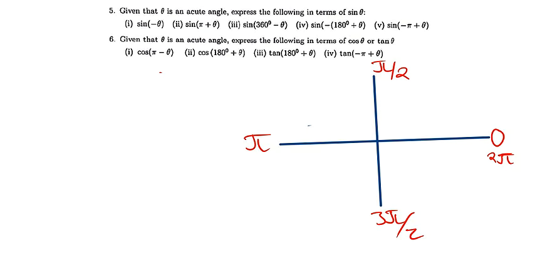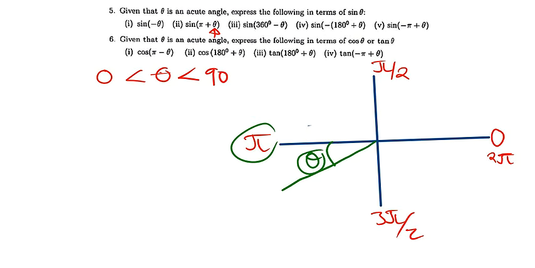The fact that theta is an acute angle, implying that it's between 0 and 90, lets you predict where sine of pi plus theta falls. That angle is pi plus theta, so in which quadrant does it occur? It's in the third quadrant. So the reference angle is theta itself.